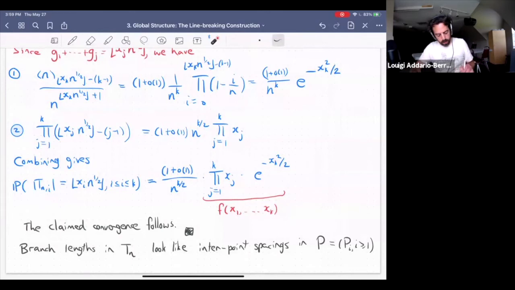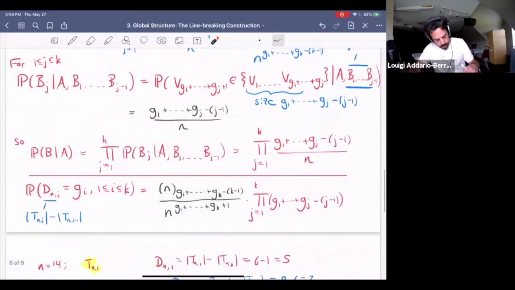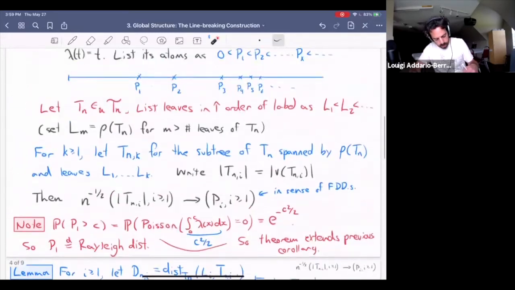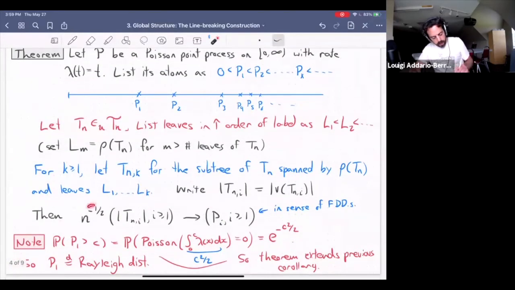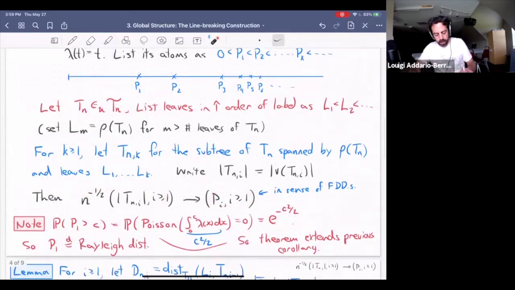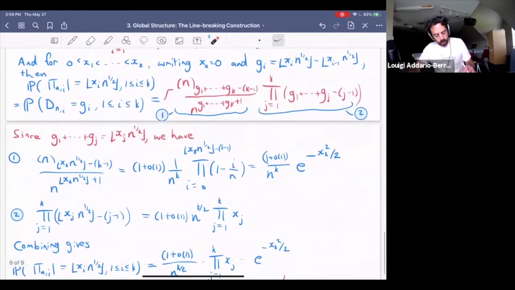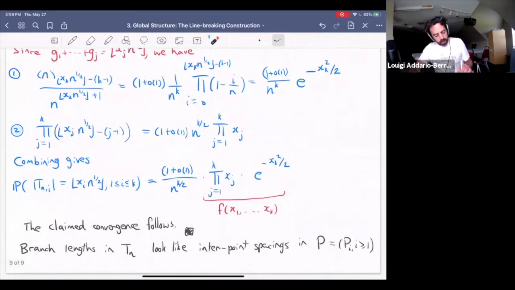If you want to prove joint convergence in distribution, the claim was about what happened after we rescaled by n to the half, that we had convergence in distribution to these points pi. And so now you just have to ask what happens if you ask for the probability that Tn1 is at most y1 n to the half and Tn2 is at most y2 n to the half and so on.